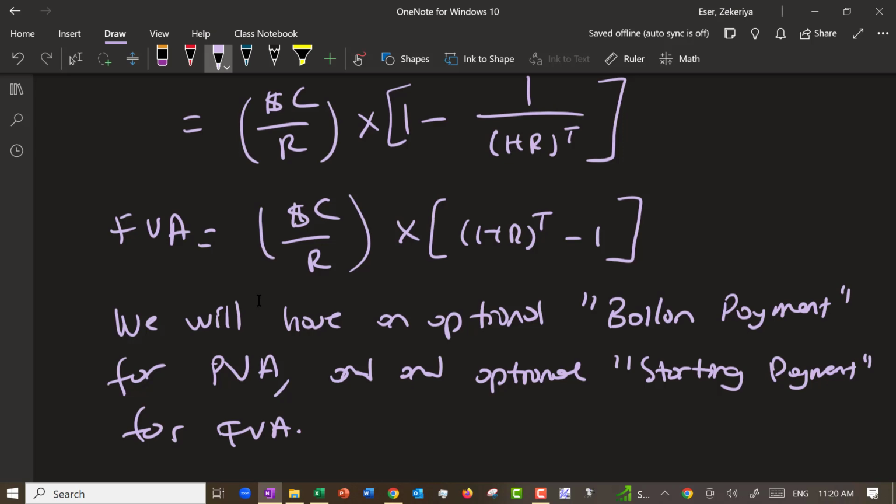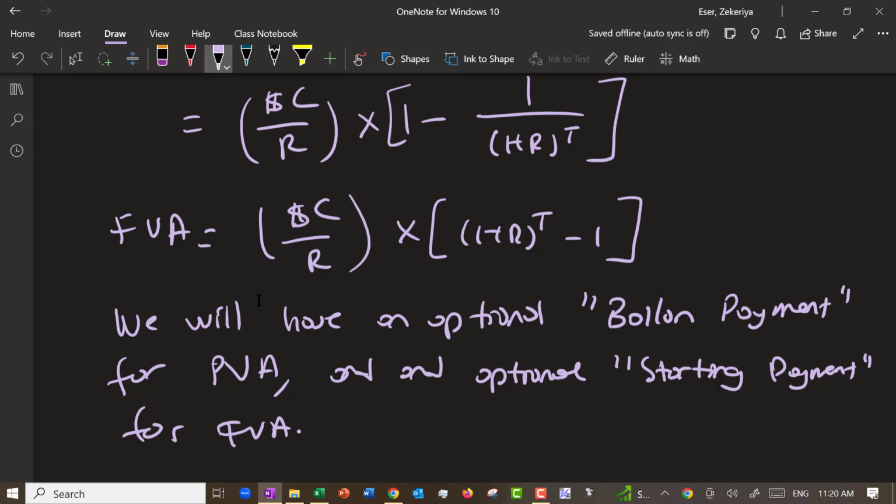We actually have cash flows like that. If you remember bonds from your basic finance, you get a coupon every coupon period, and at the end you get your face value, which is typically $1,000.